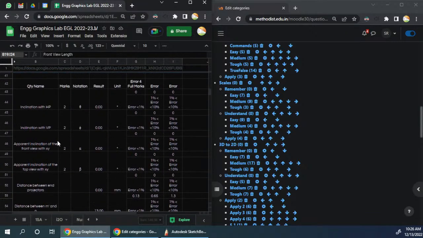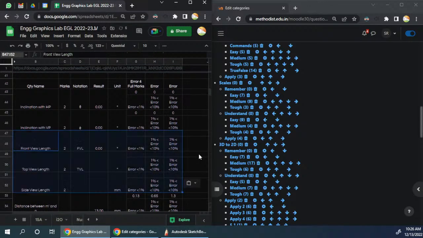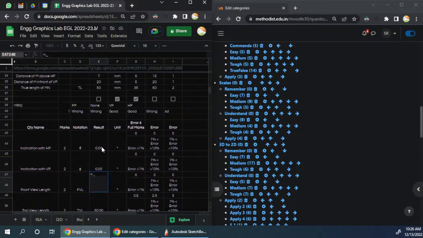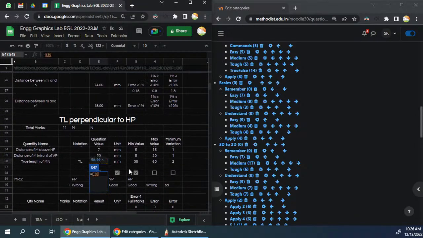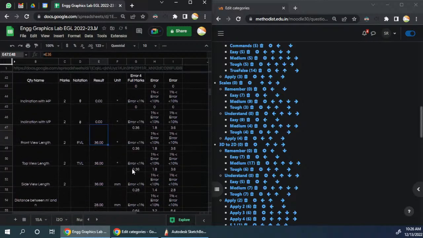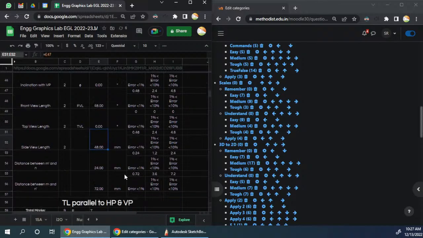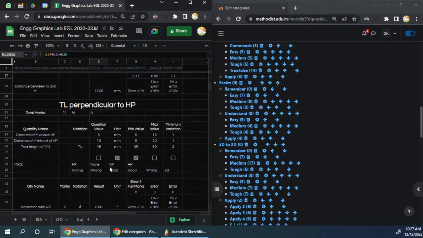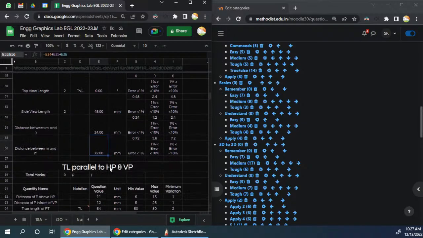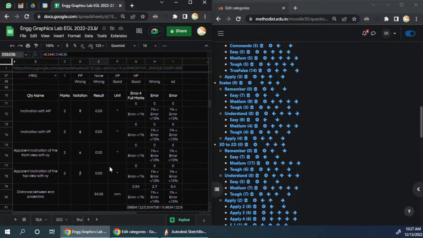In this case, the front view length is going to be equal to the true length. Top view length is going to be 0. And the side view length, again, is going to be equal to the front view length. Okay, the questions are set.